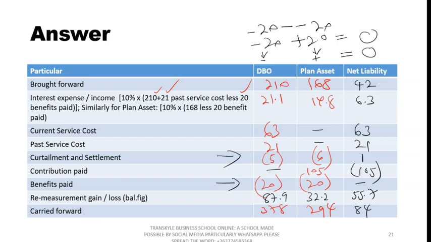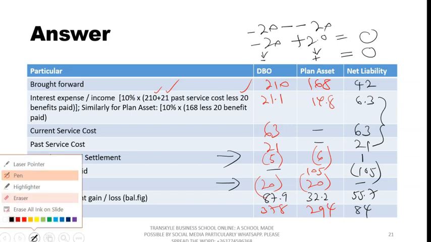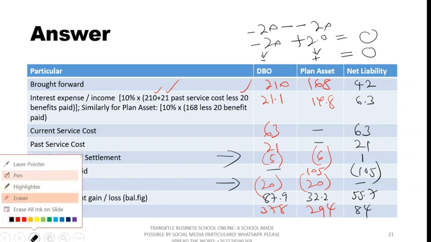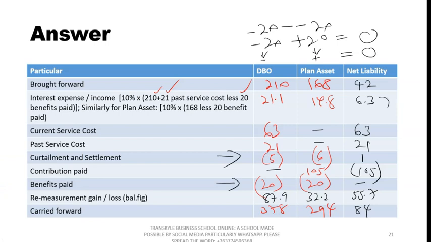These first four figures are to be accounted for as well. These are going to the profit or loss.